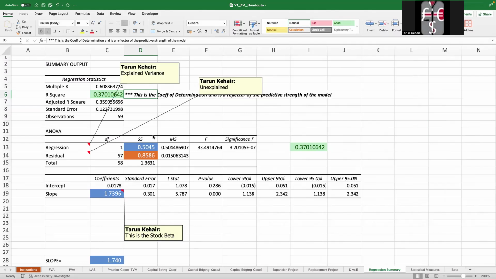Did you understand? But how is this takeaway important for SML estimation?